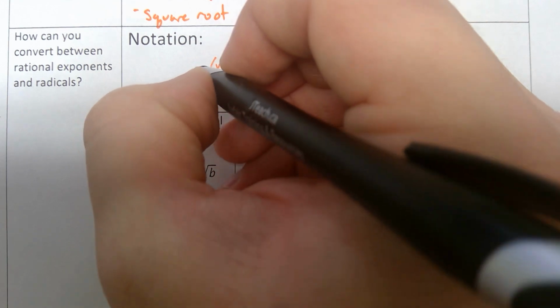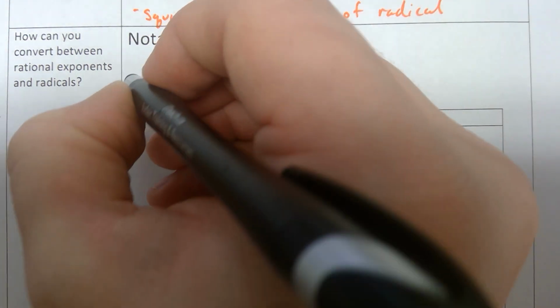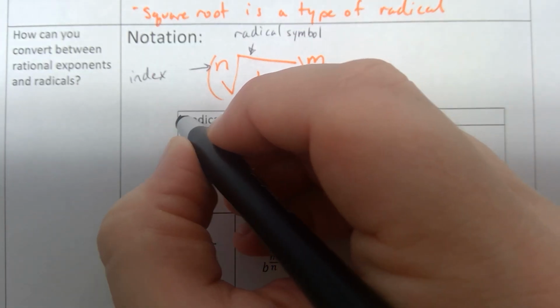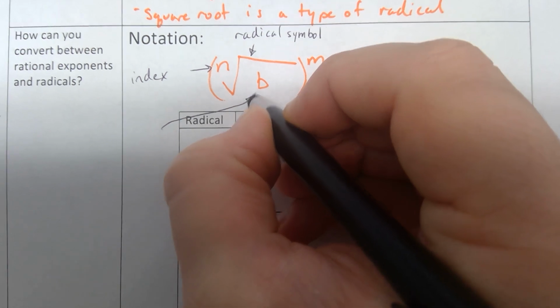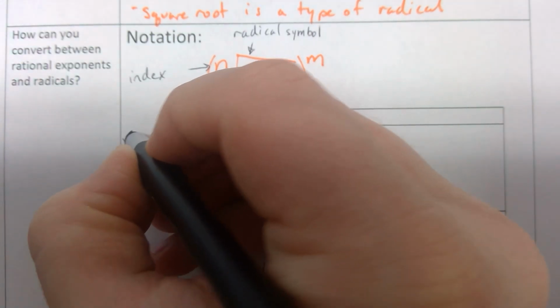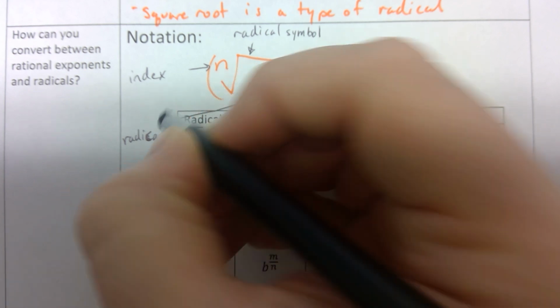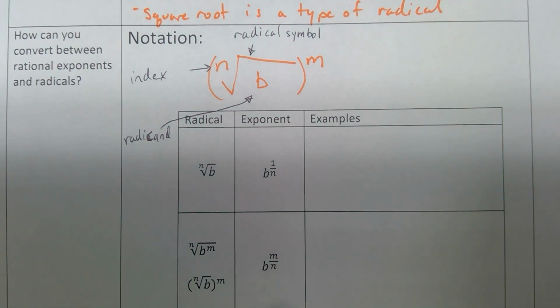Now, the most important part that we need to be familiar with is the index, because that's what's going to change when we are rewriting our radicals and our exponents. Now, this b inside the radical, we call that the radicand. Okay, that's the radicand inside the radical.